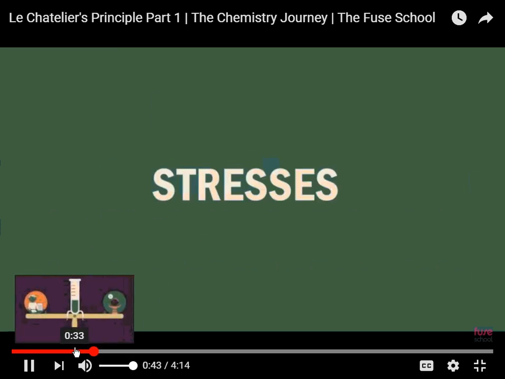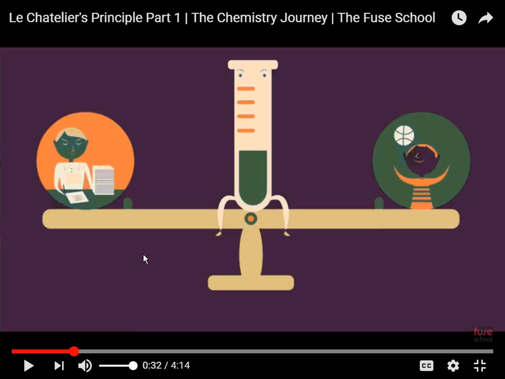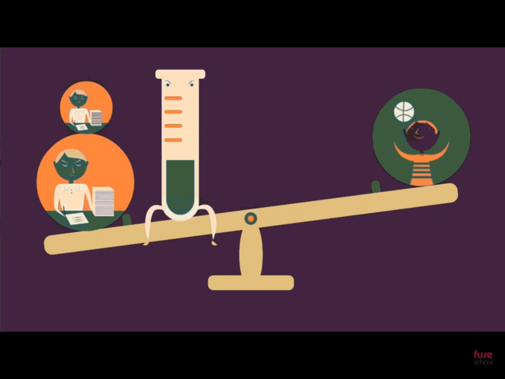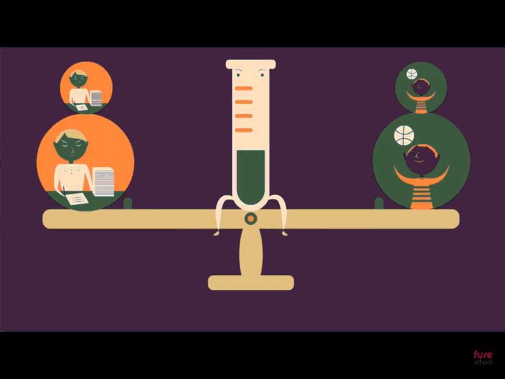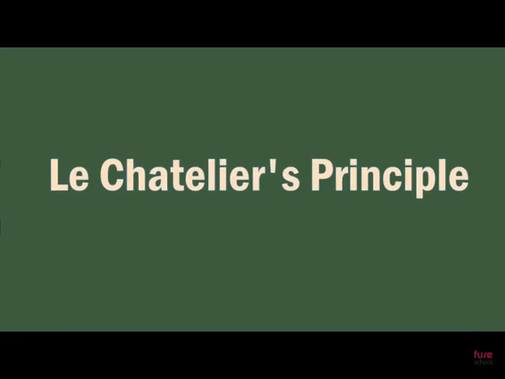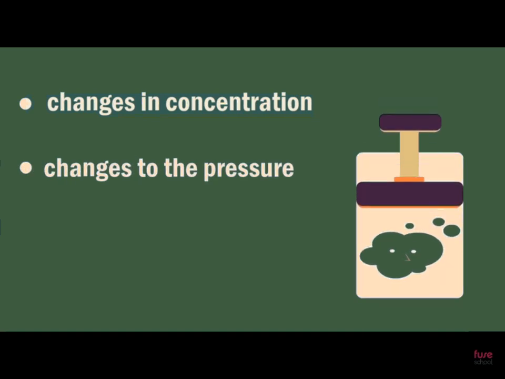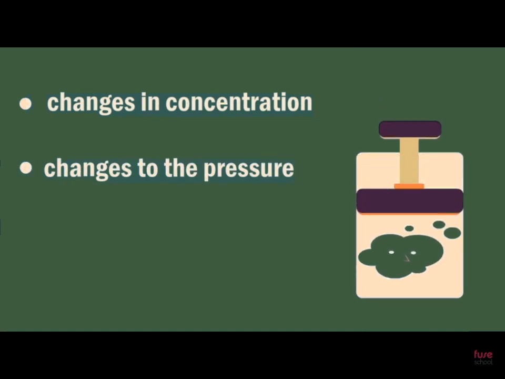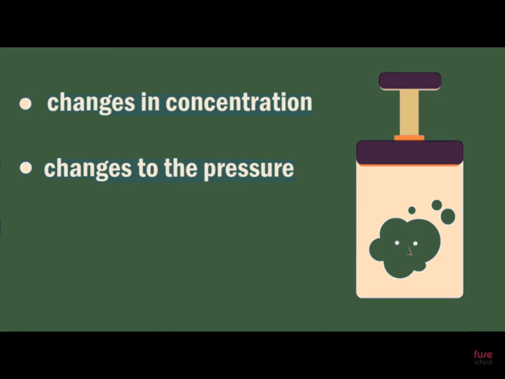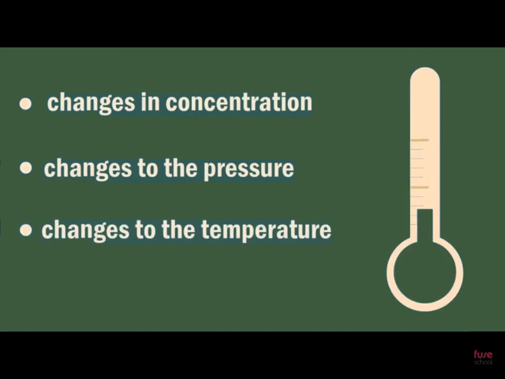The stresses are when a chemical So you're writing down the stresses now. Get ready. Shush. system at equilibrium is stressed, the system works to restore equilibrium. This is Le Chatelier's principle. The stresses are changes to the concentration of either the reactants or products changes to the pressure, although this is only applicable to gaseous systems, changes to the temperature.